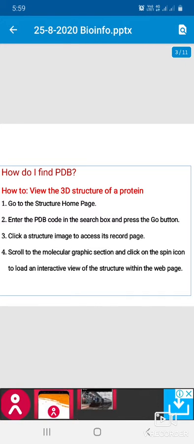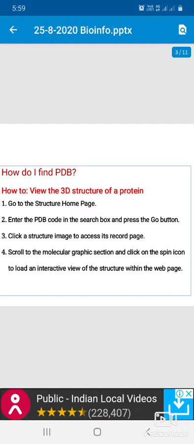Then the third step is to click the structure image to access its record page. The fourth one, scroll to the molecular graphic section and click on the pin icon to load an interactive view of the structure within the web page.